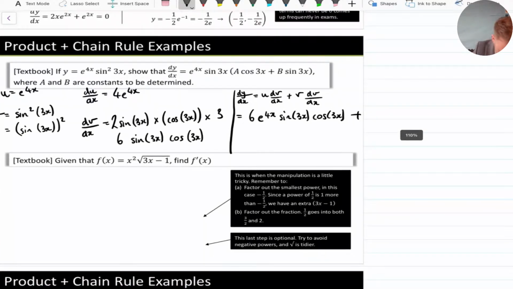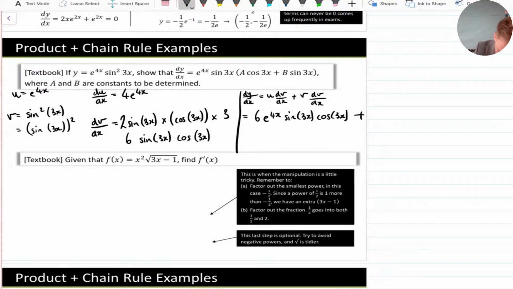So it's going to be 4e to the 4x times sine squared of 3x. Now they want to take the sine and the e to the 4x out as a common factor, don't they? So dy by dx is equal to, let's take out, now I'm surprised they haven't taken out a 2 as a common factor there as well, but they haven't, so let's take the e to the 4x out.